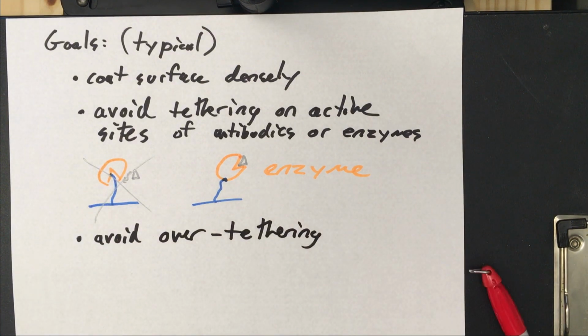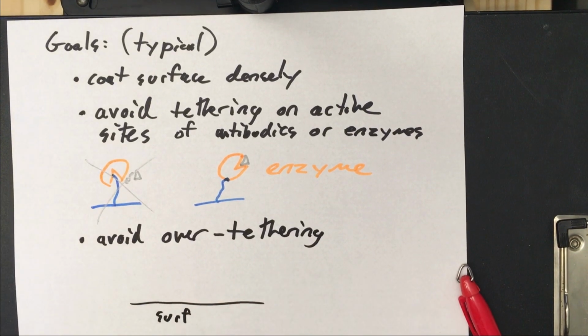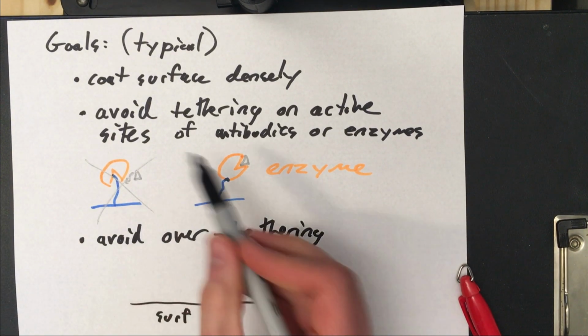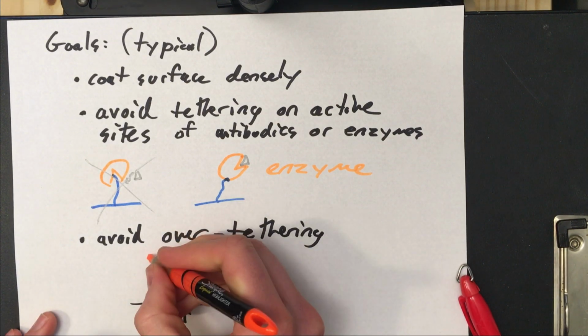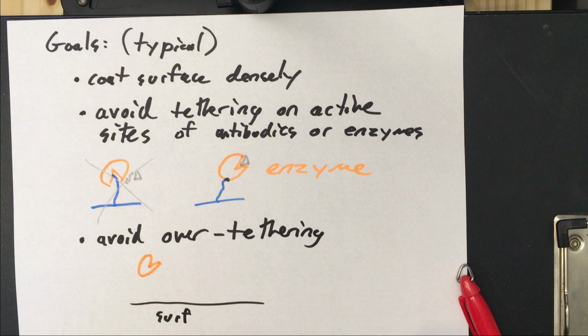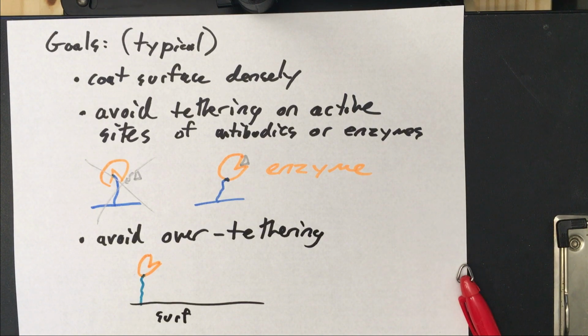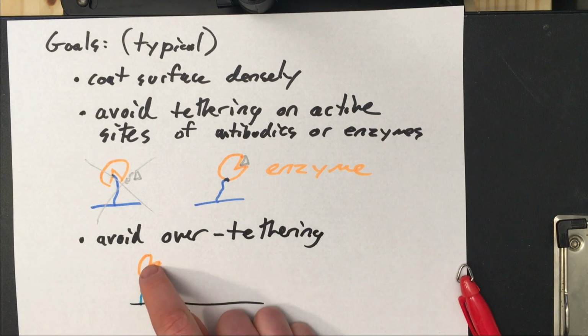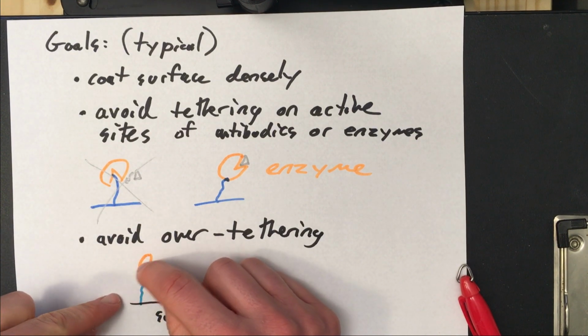over-tethering. So what do I mean by over-tethering? Well, let's say I had some surface here. Up until this point, I've drawn the ideal scenario, where I have some enzyme that has a single tether to the surface right here. But these proteins are essentially sequences of amino acids.